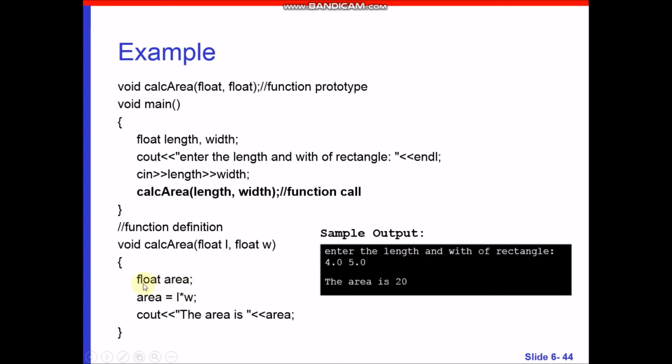Then you need to first declare the area because you want to calculate the area, right? So here you will have float area, and you will have the process, which is the calculation: area equals the length times the width, which is L times W. Then you need to have the cout statement here, which is cout the area is. Then you will display the area.